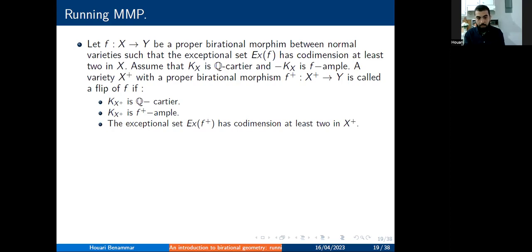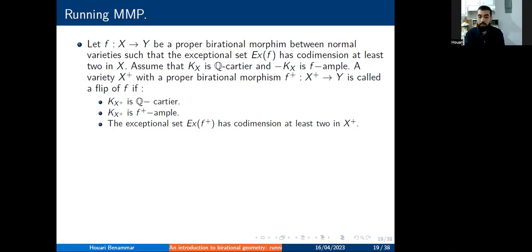Okay, so f is a proper birational morphism between normal varieties, such that the exceptional set has codimension at least 2 in X. Assume that K_X is Q-Cartier and minus K_X is relatively ample, so that means that the intersection of K_X and a curve in the fiber is negative, or minus K_X times a curve in the fiber is strictly positive.